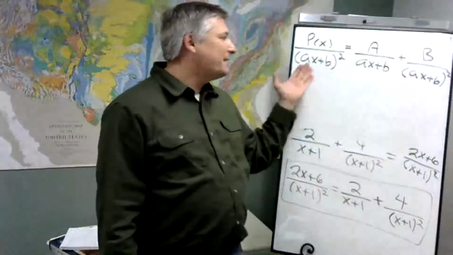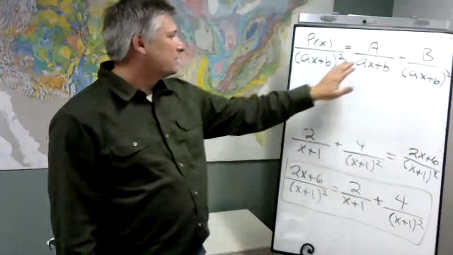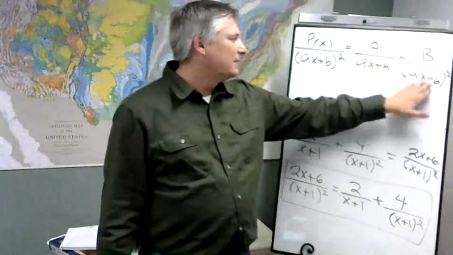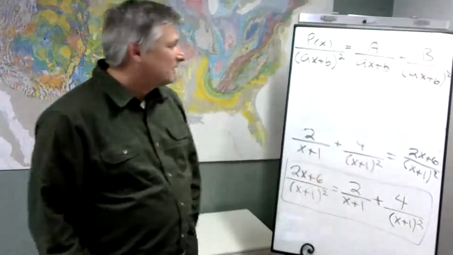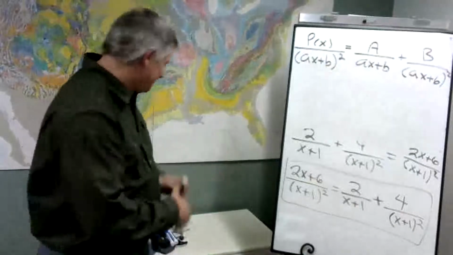When we have repeated factors, we're going to get the factor and then its square. So let's do an example.